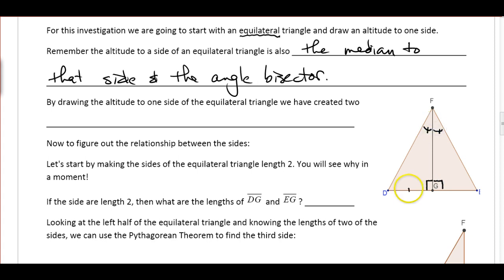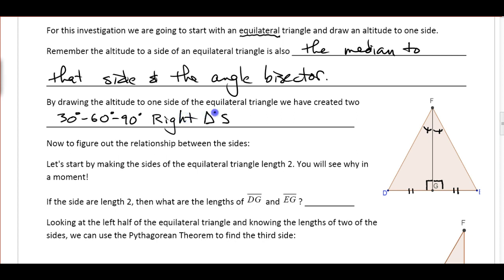And I also know it's going to be a median, so it's going to divide this side into two congruent sides. So by drawing the altitude to one side of the equilateral triangle, we have created two 30, 60, 90 right triangles.